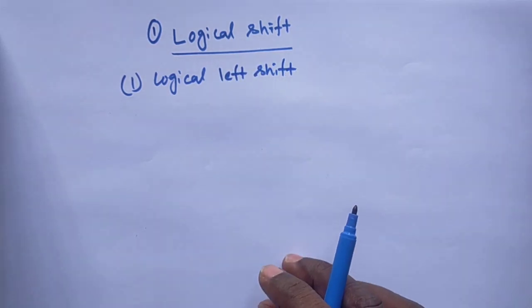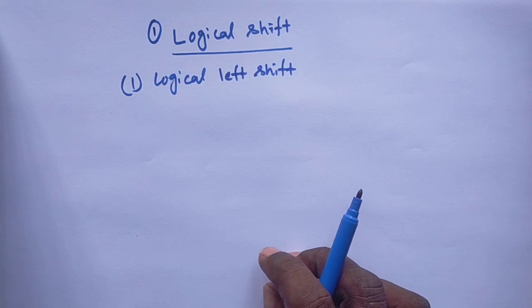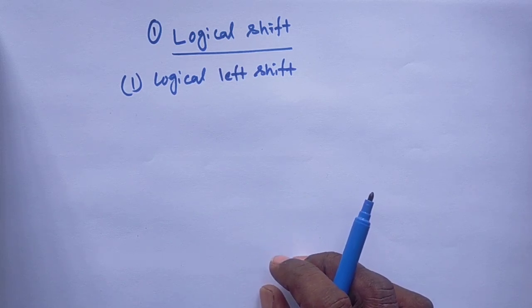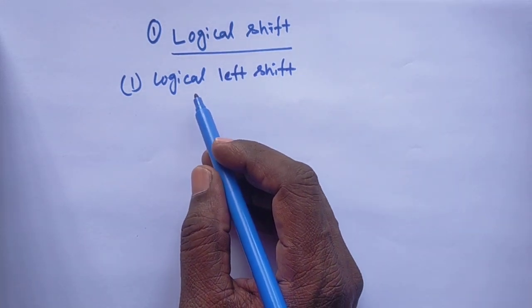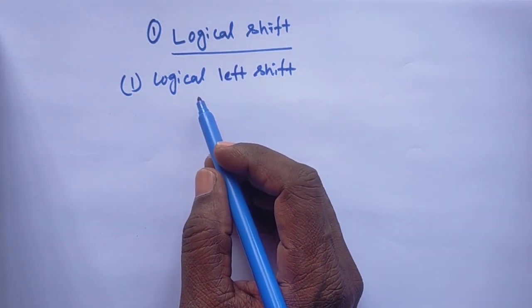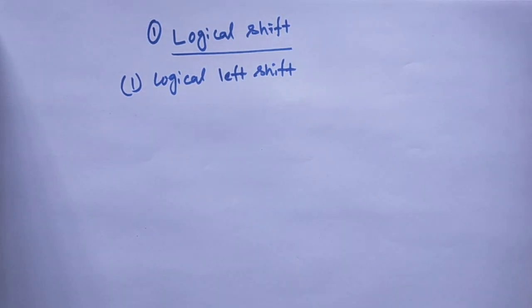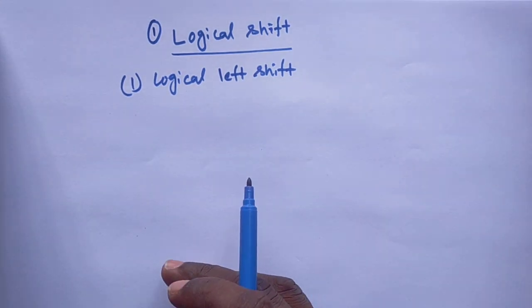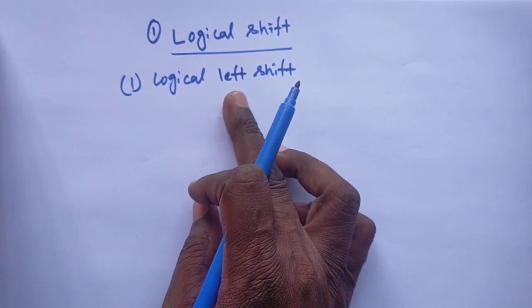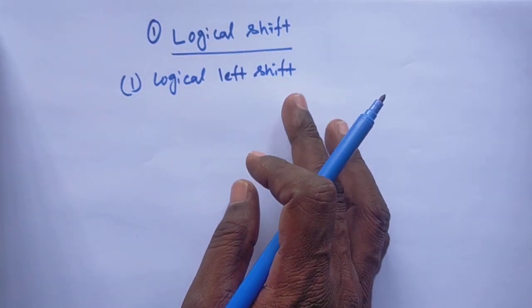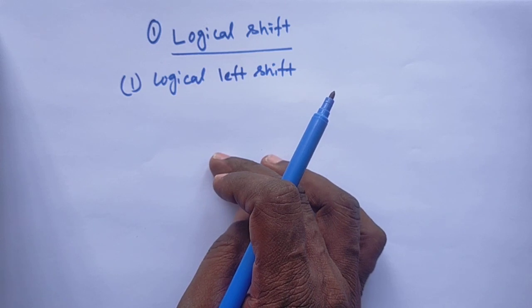Now we will consider logical left shift. Very simple examples we will see, different examples we will consider. Logical left shift means shift towards the left, right to left. Okay, that means right to left.